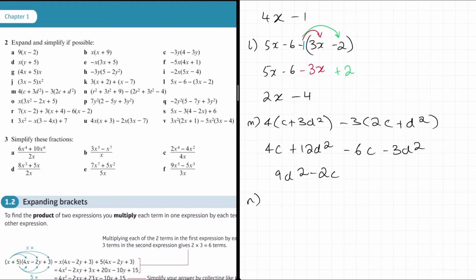N. And we have r squared plus 3t squared plus 9 minus, open bracket, 2r squared plus 3t squared minus 4. So again, we're going to treat this minus sign as though it's a minus 1.